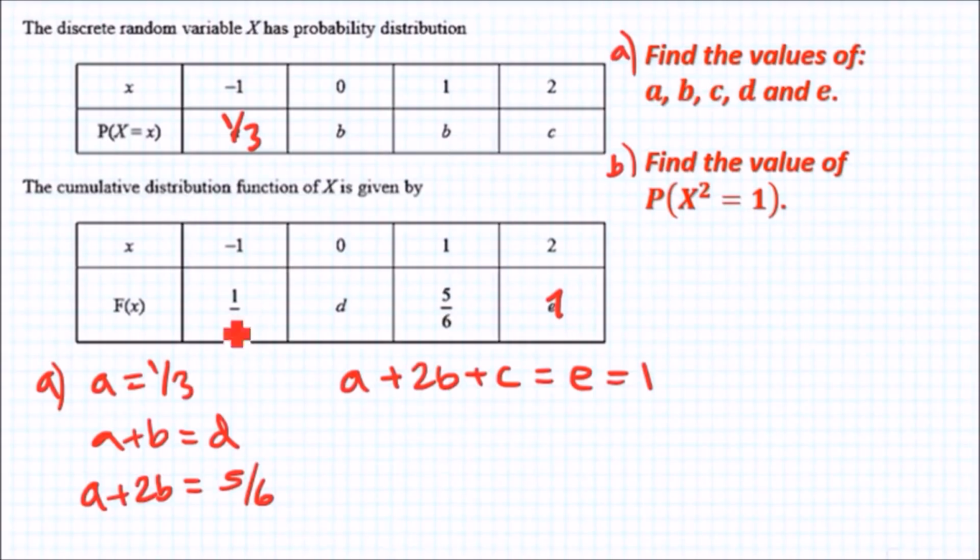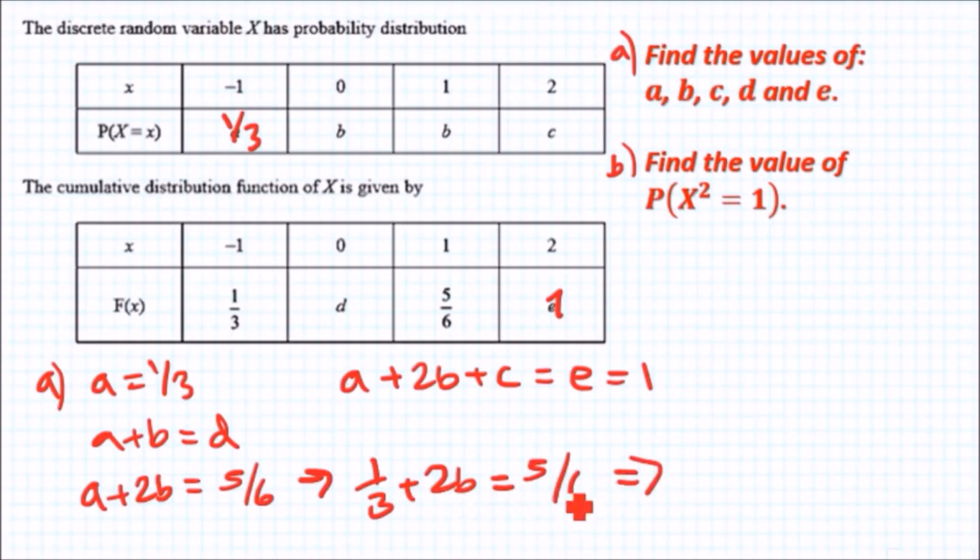Now let's start plugging in the values we know. Because we know A is a third, if we plug into this third equation, we have 1/3 plus 2B equals 5/6. Now if you subtract a third and then divide by 2, you should get B equals 1/4. I did this previously, so you should get this kind of result.